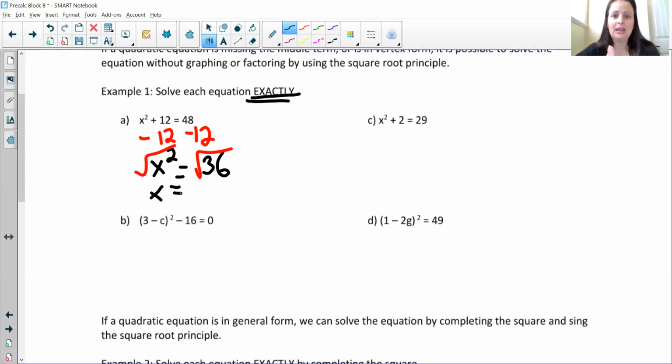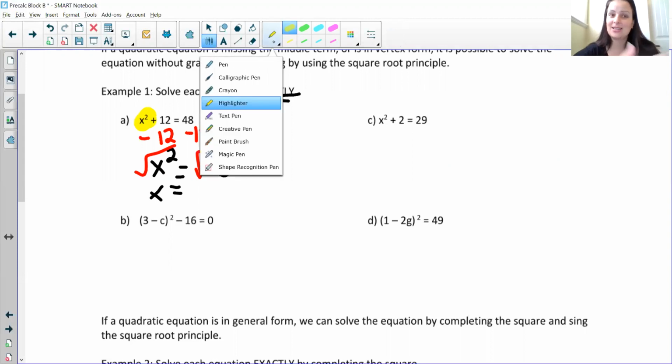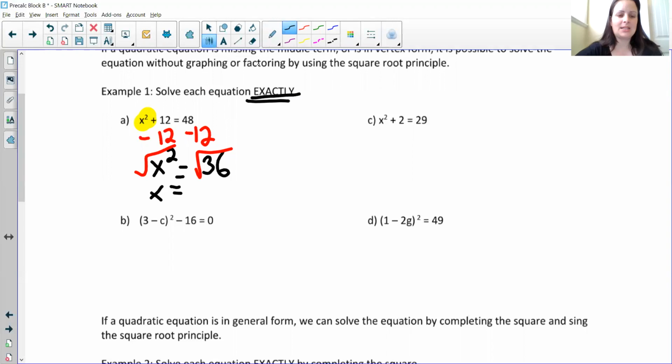Now here's the thing, there's actually two answers. Remember, a parabola, which involves a squared variable, has two sides to it. It has bilateral symmetry. That's because the square root of 36 can either be a positive 6 or a negative 6. Okay, so there's two answers there, right?